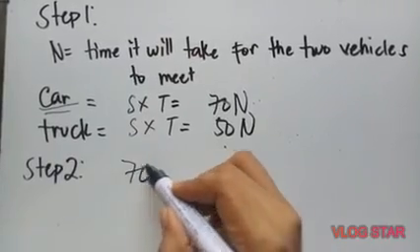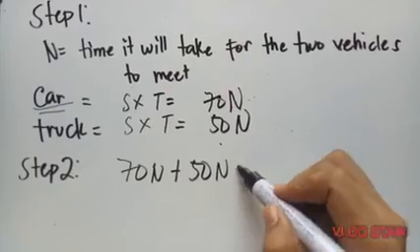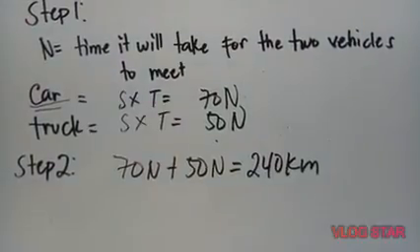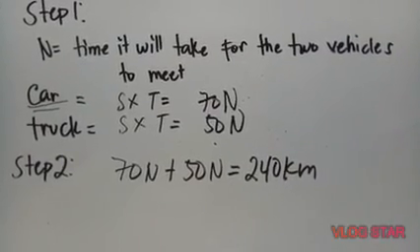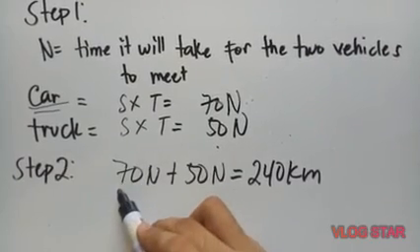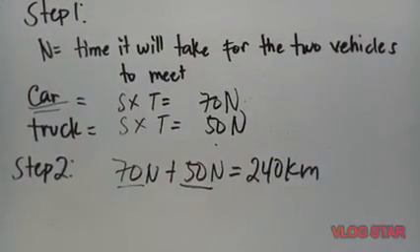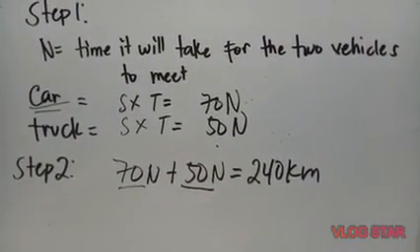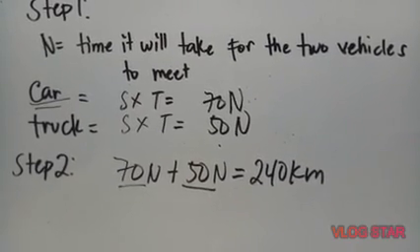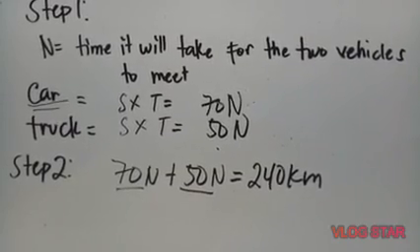So 70n plus 50n is equal to 240 km. That is the distance traveled by the car plus the distance traveled by the truck. Now let's find the value of n for us to know the time when they will meet.